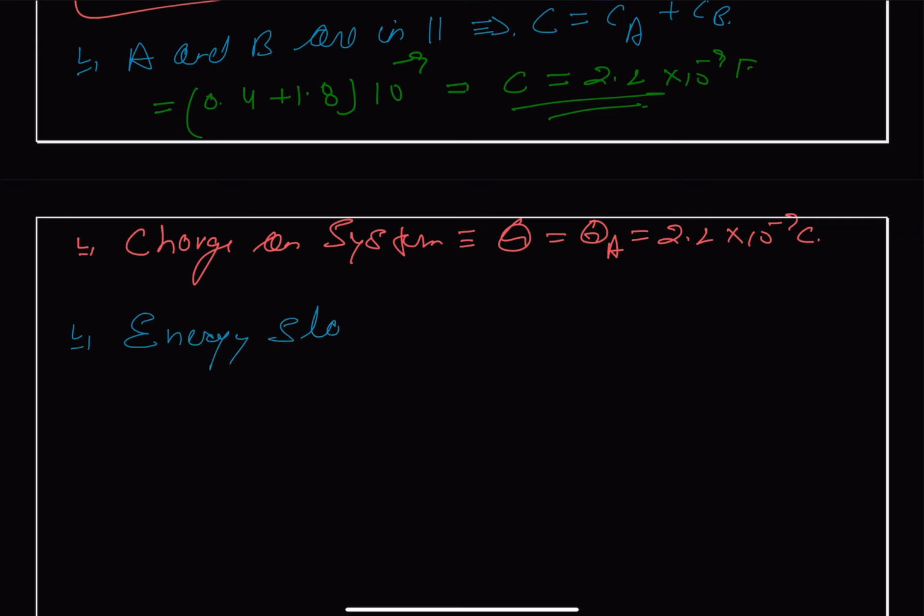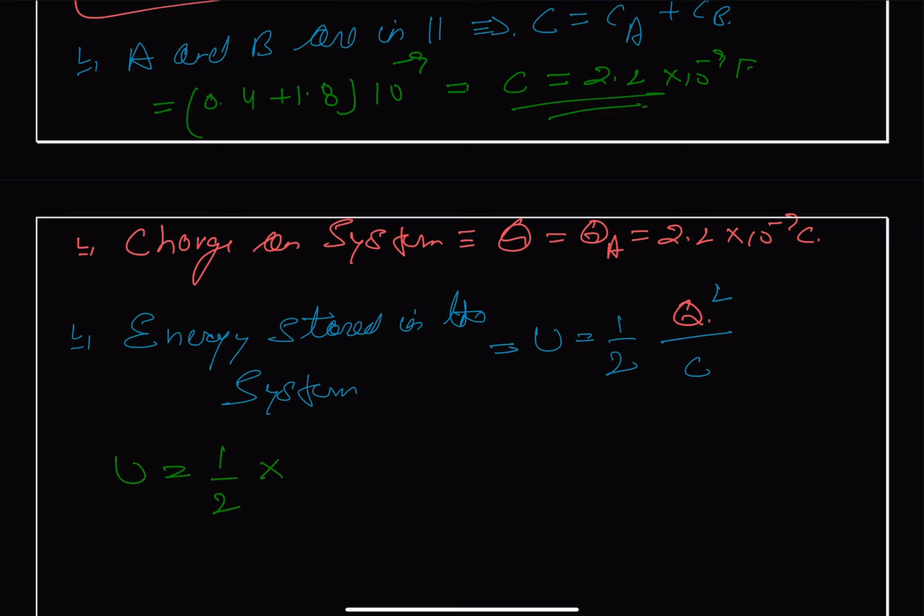Energy stored in the system will be U is equal to half Q square divided by C. This is capital Q square, and we get our U is equal to half, Q is 2.2 into 10 to the power minus 7 whole square, and the capacitance is also 2.2 into 10 to the power minus 9.